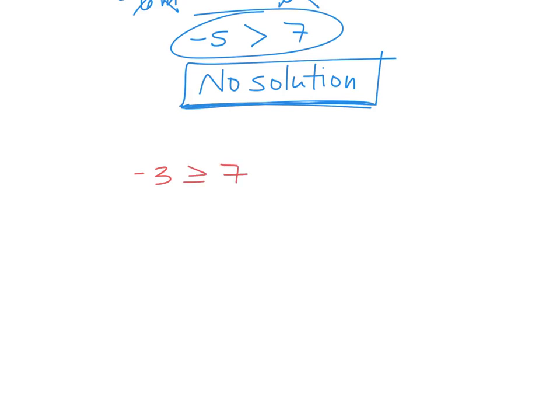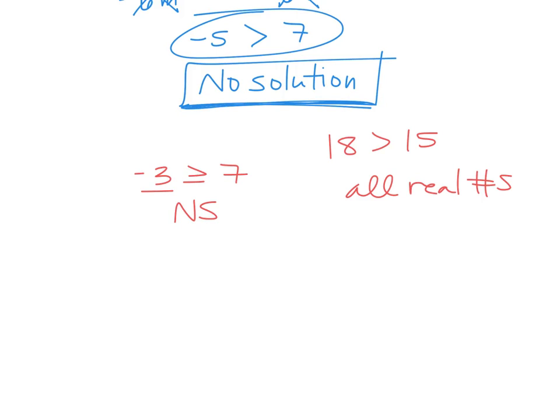Would that be all real numbers or no solution? That would be no solution because -3 is not going to be bigger than a positive number, right? What if it was 18 is greater than 15? All real numbers or no solution? That would be all real numbers.